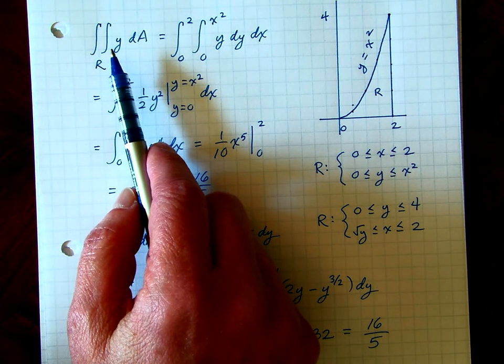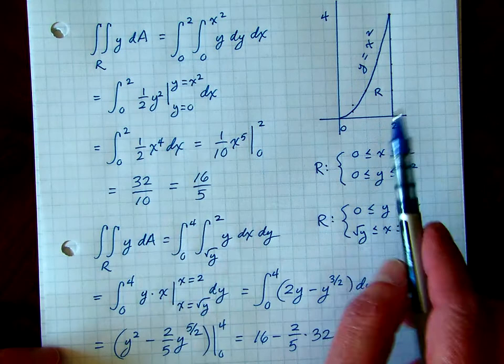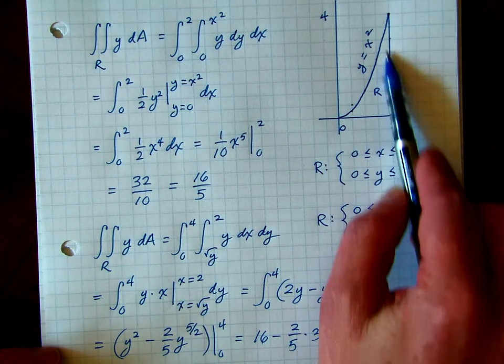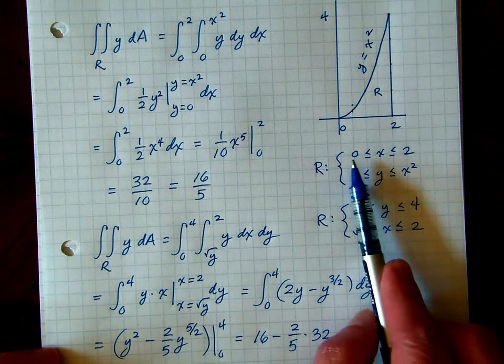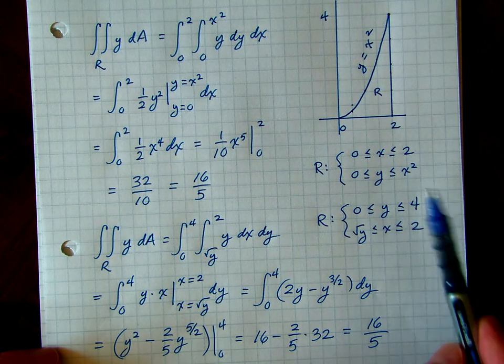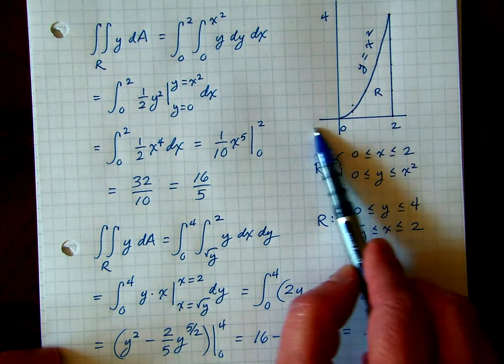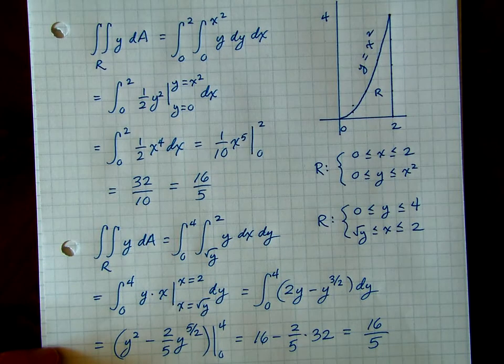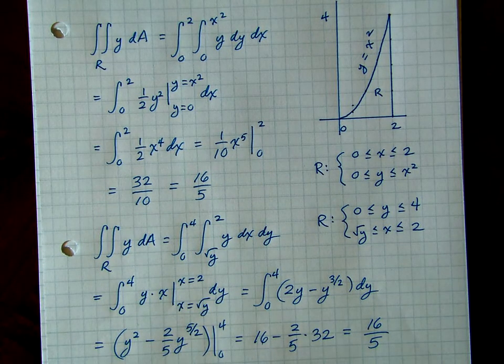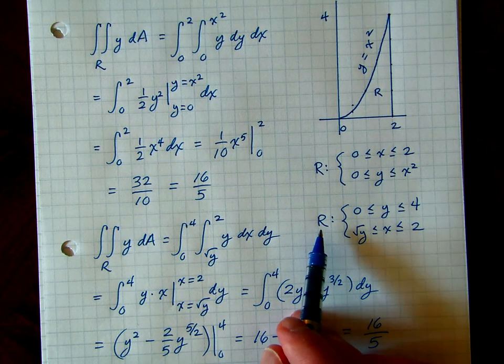I wanted a simple integral, and my region this time is a piece of parabola. x is going from 0 to 2. y is going from 0 up to the parabola. And here is the integral worked out in detail. I get 16/5.